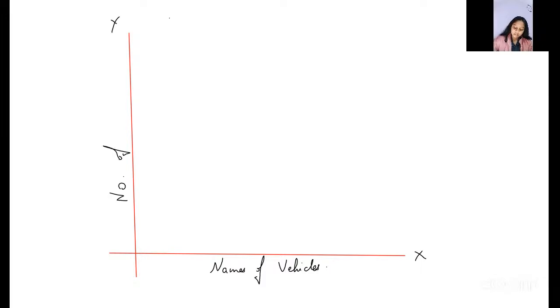And then we take a particular range of numbers on this side. So that is known as scale. This I also explained to you all in the last class.